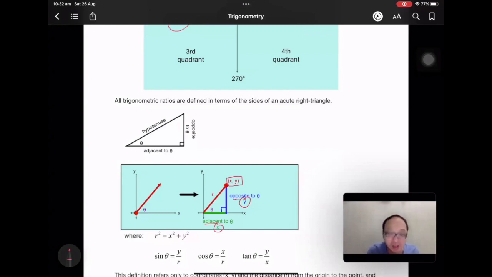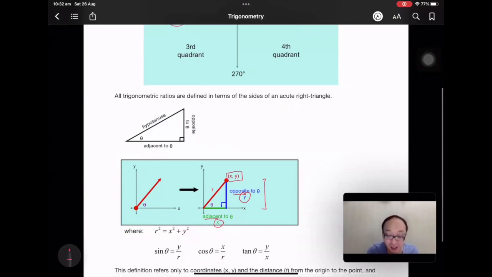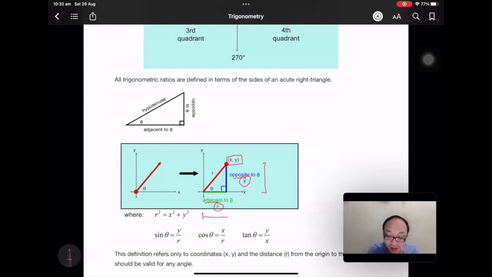So the opposite side of the right angle should be equal to y, the vertical distance from the x-axis, and the horizontal one should be equal to the adjacent, x.